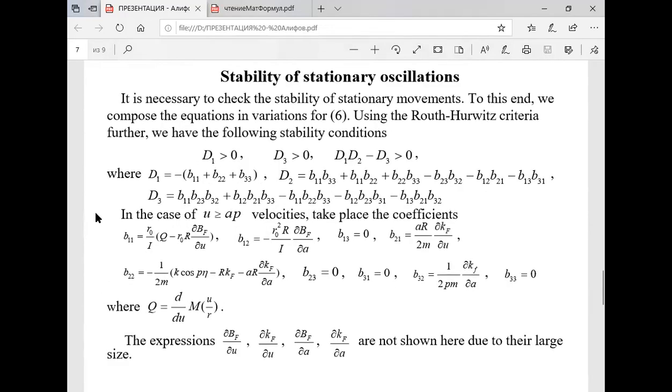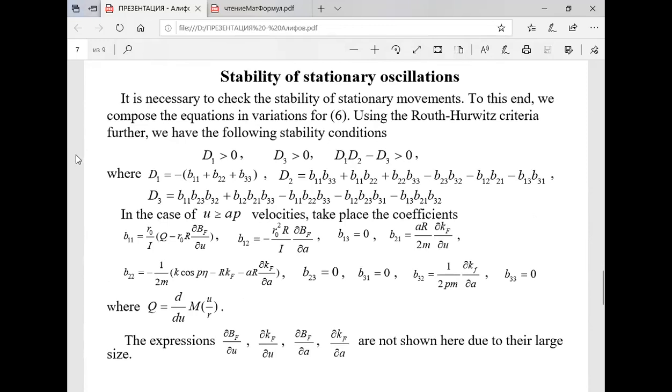Stability of stationary oscillations. It is necessary to check the stability of stationary movements. To this end, we compose the equations in variations for 6 using the Routh-Hurwitz criteria. Further, we have the following stability conditions.